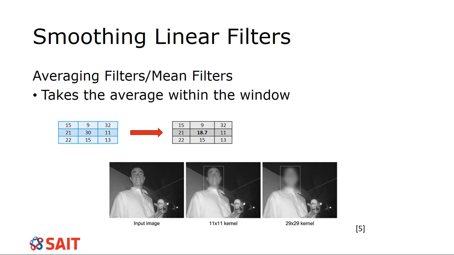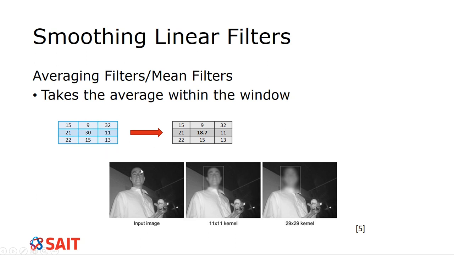For the first one, we have smoothing linear filters. This one just takes an average. It's known as an averaging filter, and also as a mean filter. We take the average within the window. For example, I have my original image: 15, 9, 32, and so on. These are all digital numbers.